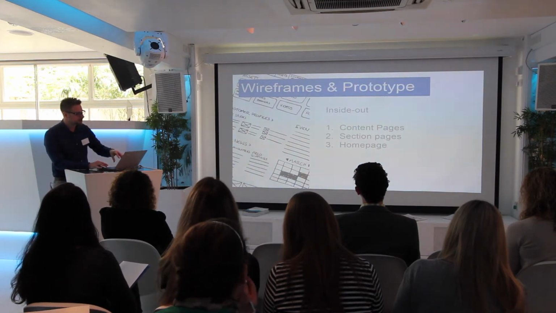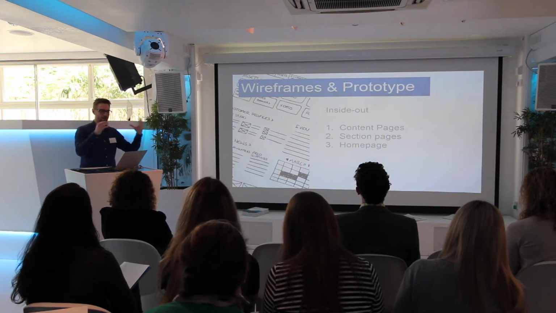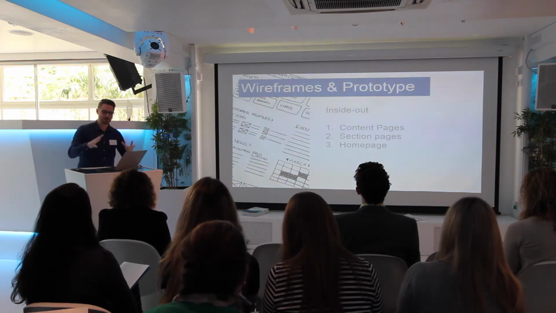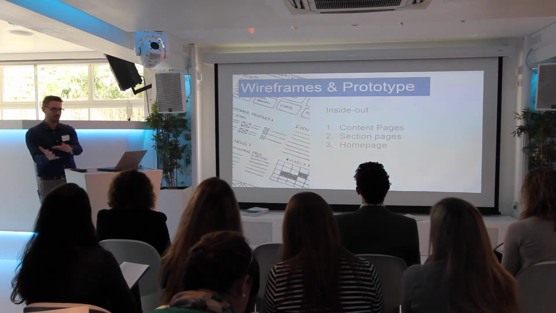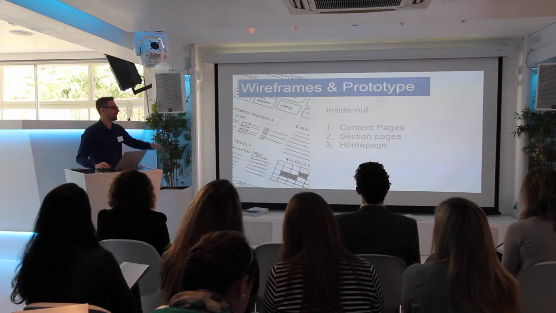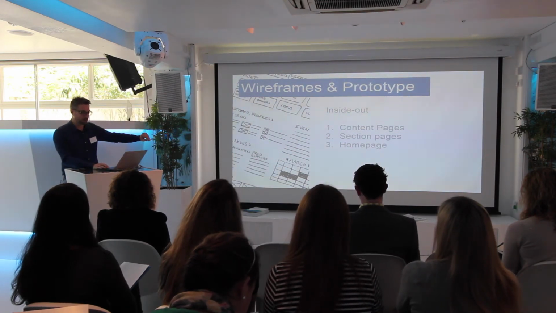And once you've done that, once you've nailed it, then you can zoom out a little bit, look at the section pages, look at the section home pages, and make sure that they are focused on driving people to that endpoint. And then finally you can zoom out and then look at the home page. But this is the way I like to do it.